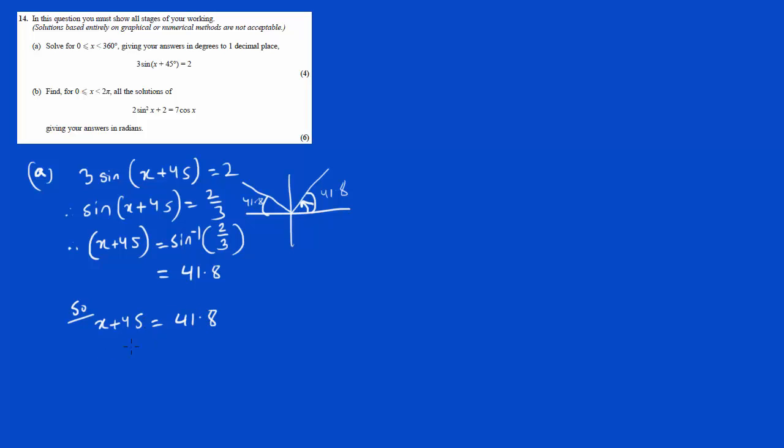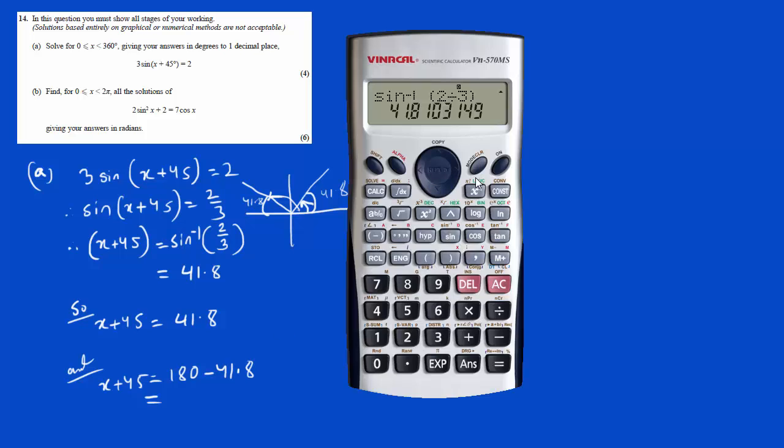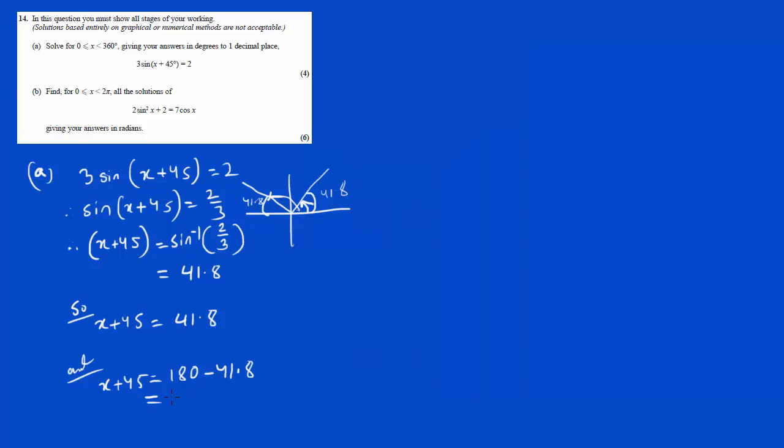You have to write it all over again. And for the second quadrant, the angle is going to be 180 minus the basic angle, that is 180 minus 41.8, which is 138.2.